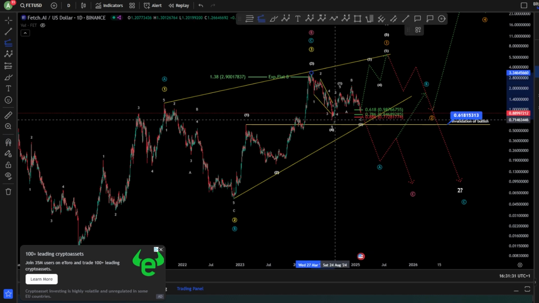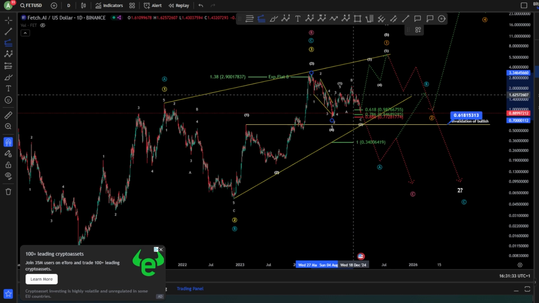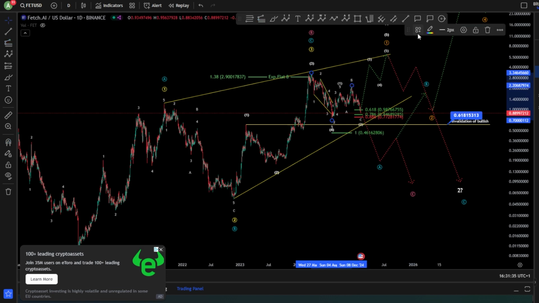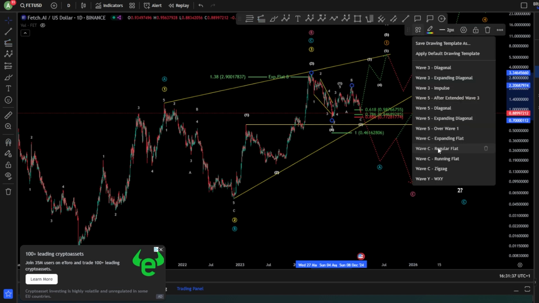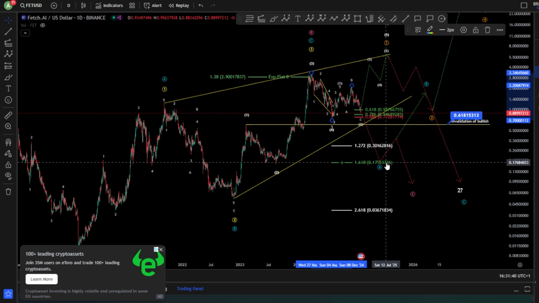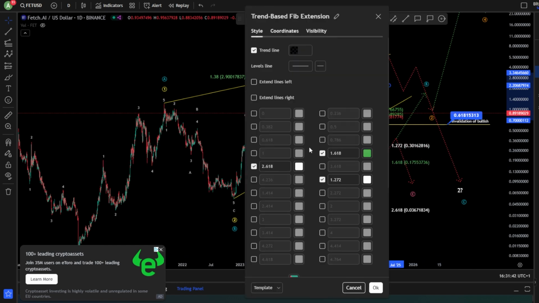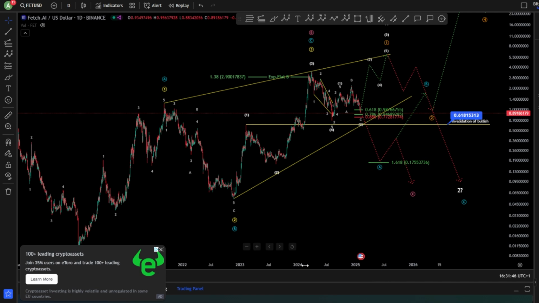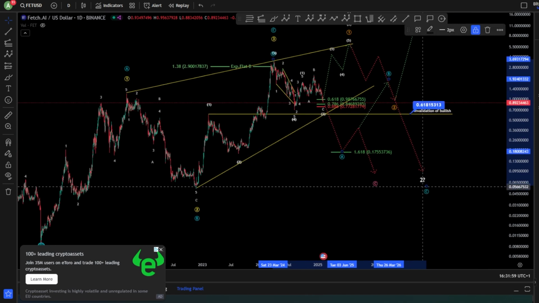If you are impulsive here toward the downside, I would say let's just say that it's gonna be bearish. Oh my god, okay, I just hit it by mistake, but it is exactly there, 1.618. Wave A probably, and then maybe moving higher, of course, for a wave B again, and then wave C toward the downside one more time.